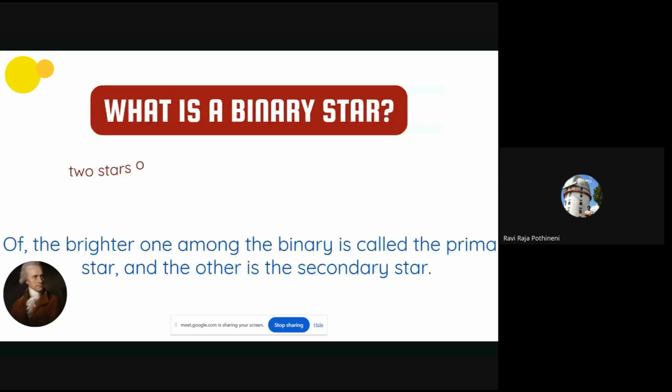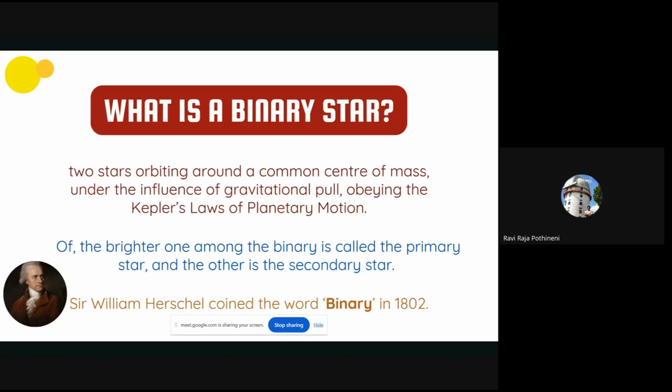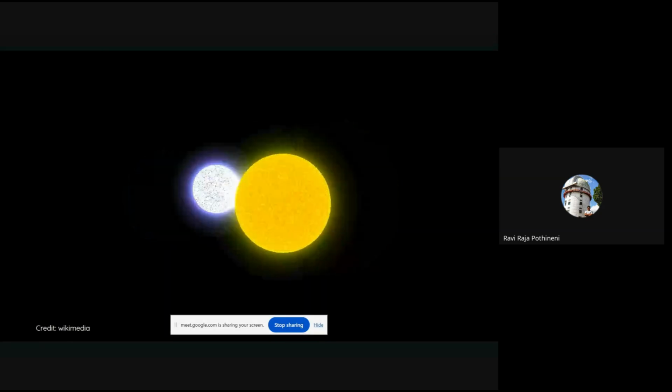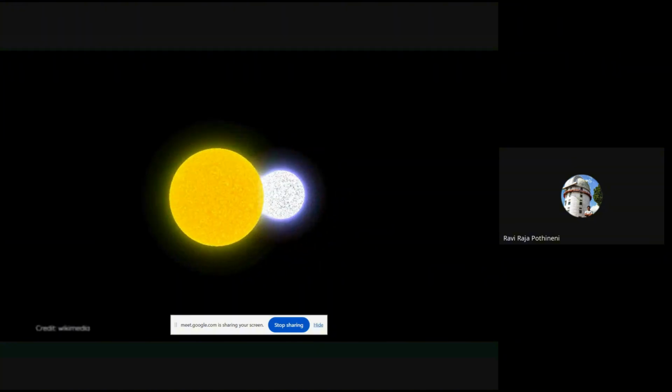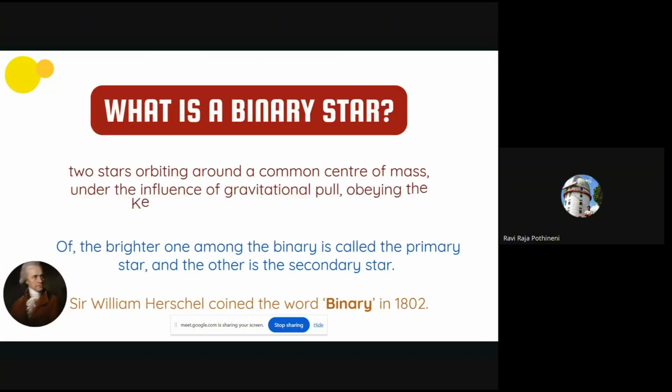Now let us explore more. Among these two stars, like you have seen earlier, the brighter one is called the primary star and the lesser bright one is called the secondary. And binary is a word coined by Sir William Herschel. You might have heard of William Herschel. He is a very prominent astronomer. In 1802, he coined this word binary.